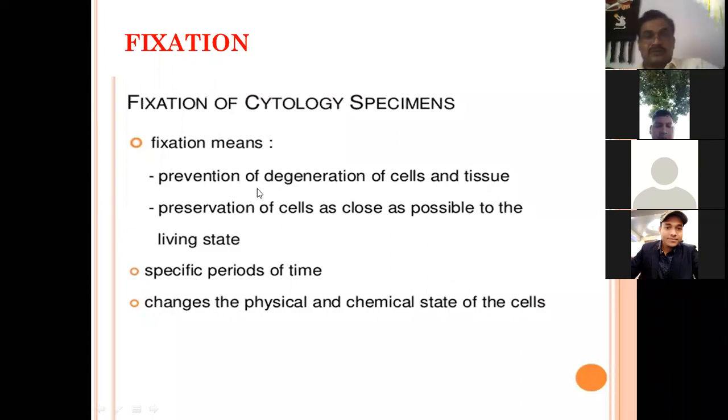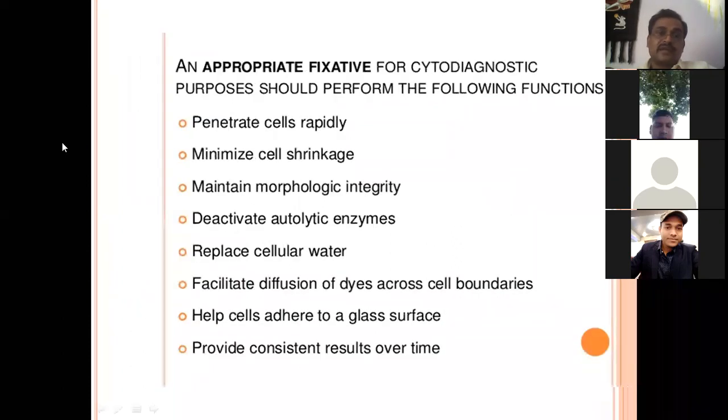So fixation is done as early as possible. Any fixative you are using should have good penetration power, should have minimum cell shrinkage, should maintain the morphological integrity of the cells, and it should deactivate the enzymes so that autolysis can be stopped. These are some features of good fixatives.